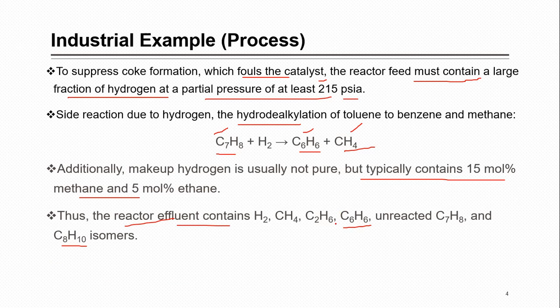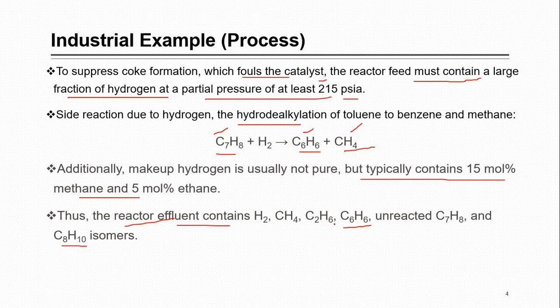Now, when you have got all these products, this was the whole process. If I just summarize, your purpose was to produce benzene and xylene from toluene, but during this reaction, due to high temperature, cracking takes place. In order to suppress that cracking reaction, we bring hydrogen inside the system, which reduces the cracking reaction and fouling of the catalyst.